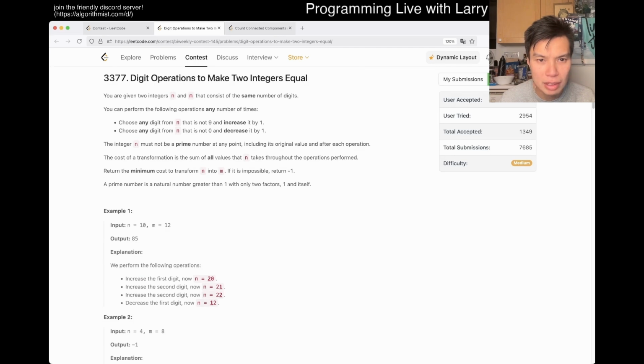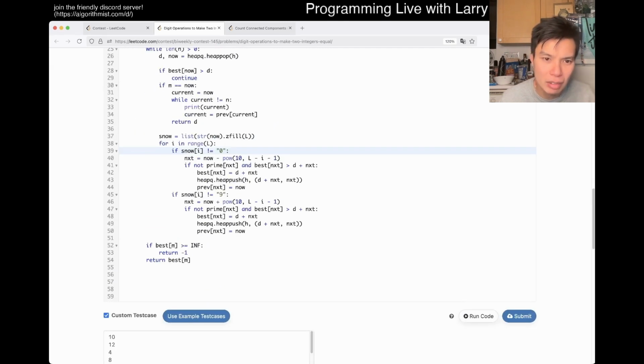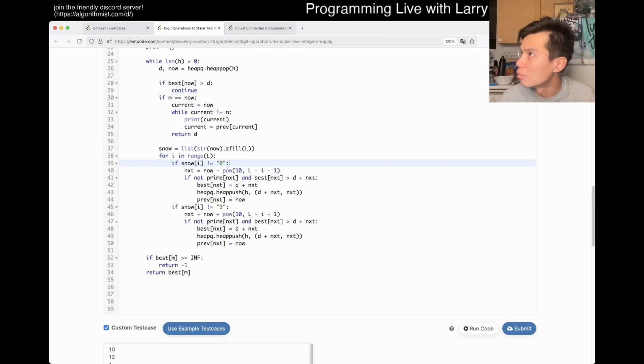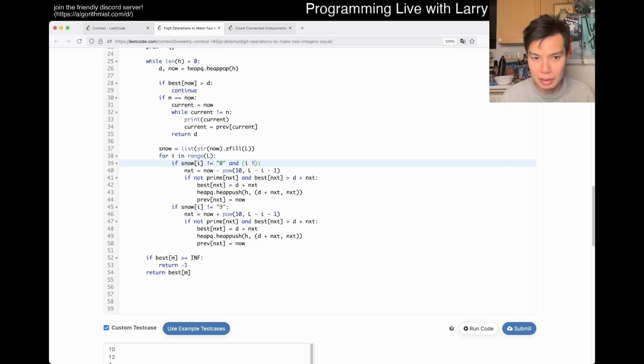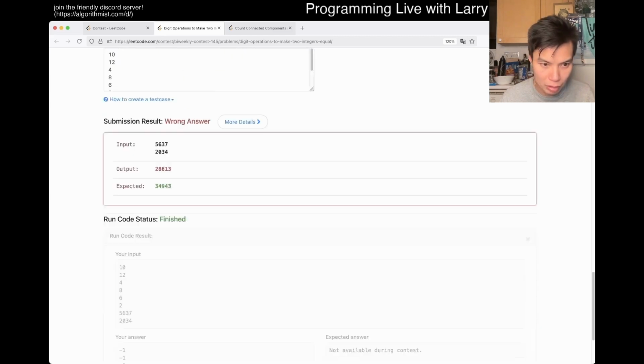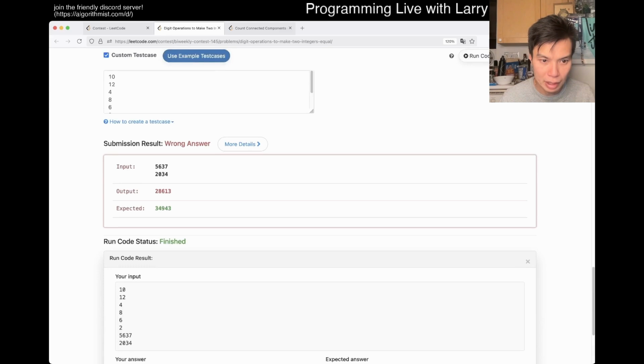And it doesn't tell you that you have to be the same digit, is it? I don't know. Let's try it, I guess. And i is not equal to 0. Well, let's just try for this one for now. Okay, then it just cannot get there.